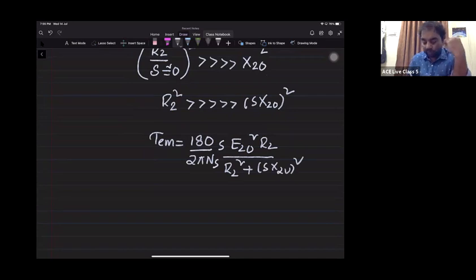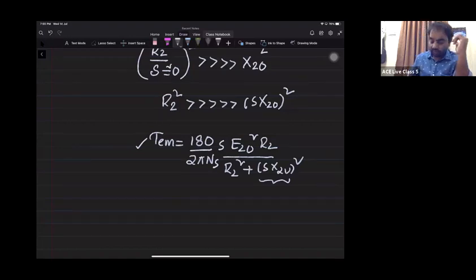If you calculate this electromagnetic torque with (S X2 naught) whole square or without it for low slip operation, the answer will be the same. There will not be much change, because R2 square dominates compared to (S X2 naught) whole square. Is this point clear? Confirm to me, all of you.